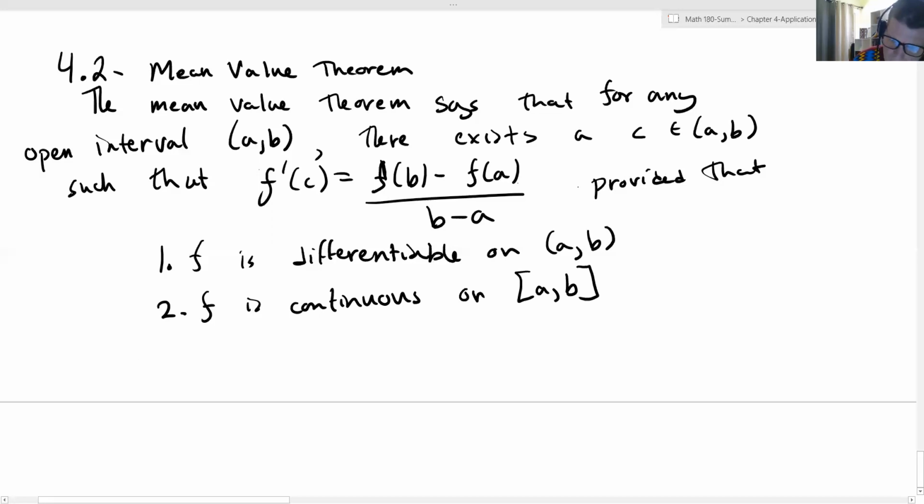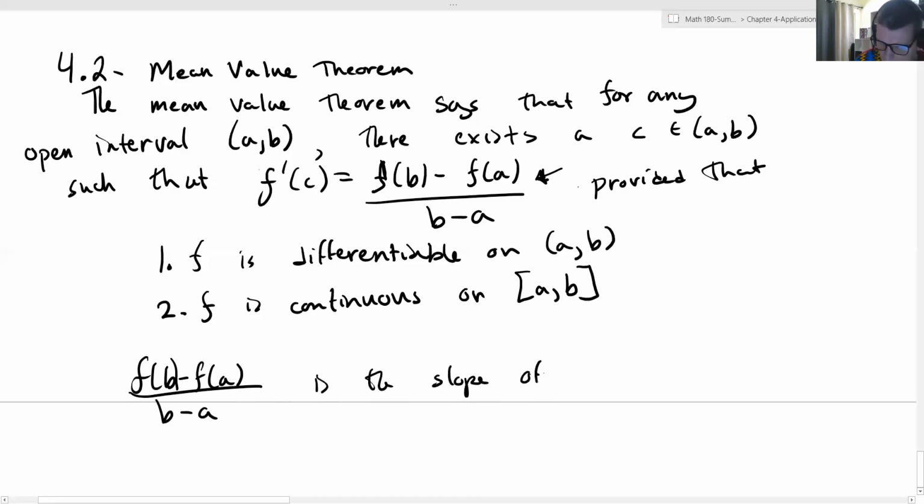Now this thing here, f of b minus f of a divided by b minus a, is the slope of the line from b to a.